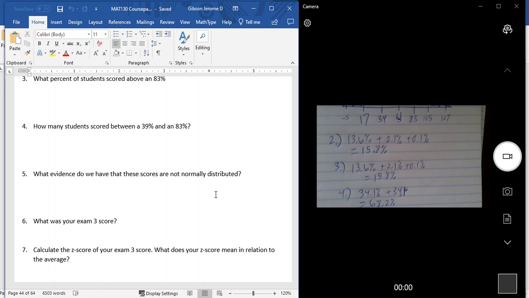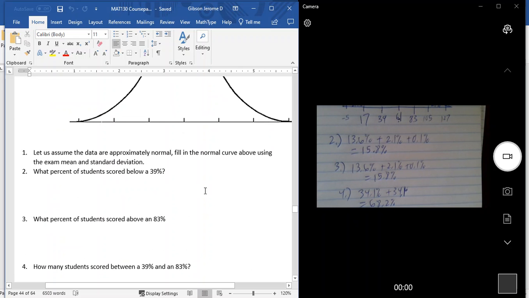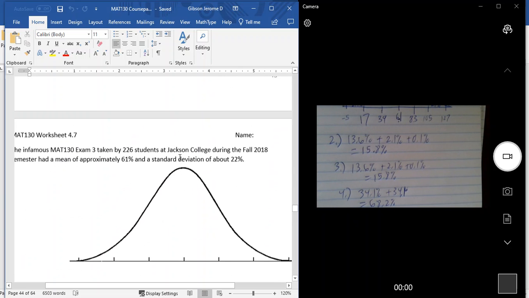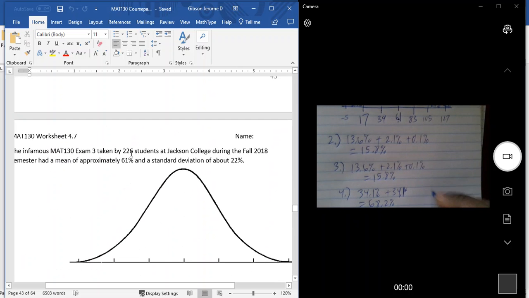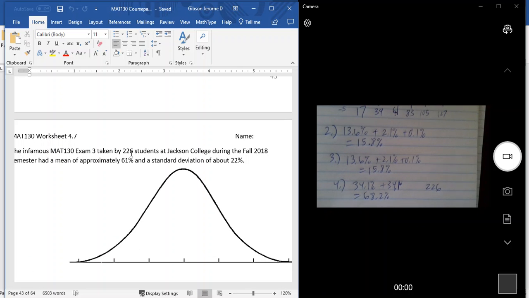But we want an actual number here. So we go back up to the top, and it told us that it was 226 students that took the test. So we will multiply by the 68.2%, make that a decimal, and then multiply this out. Now we're going to use our Desmos calculator.